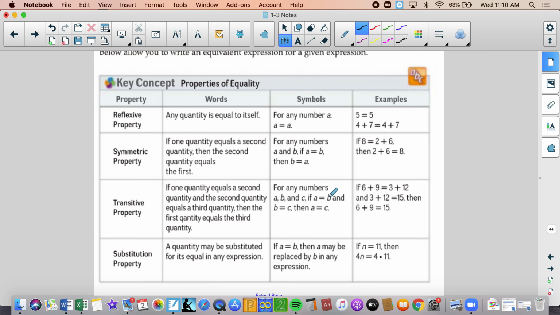So for any numbers a, b, and c, if a equals b and b equals c, then a equals c. We will use that quite a bit in geometry. You will use that transitive property a lot when you write proofs and theorems. So if 6 plus 9 equals 3 plus 12 and 3 plus 12 equals 15, then 6 plus 9 equals 15.